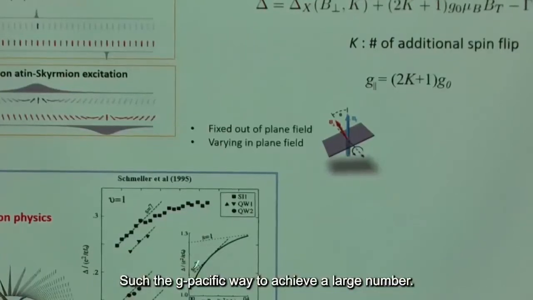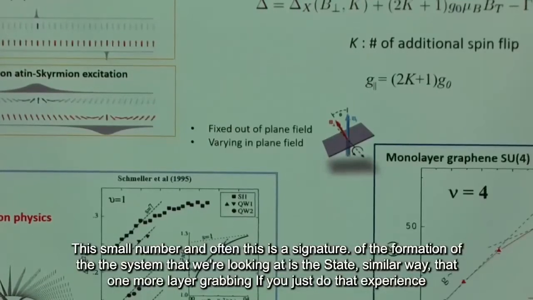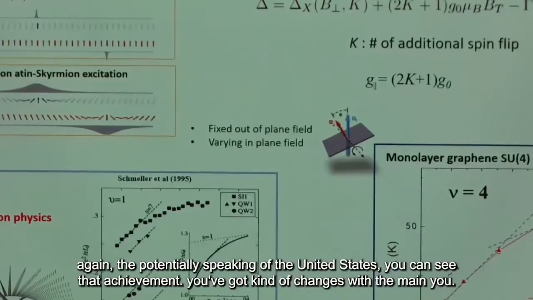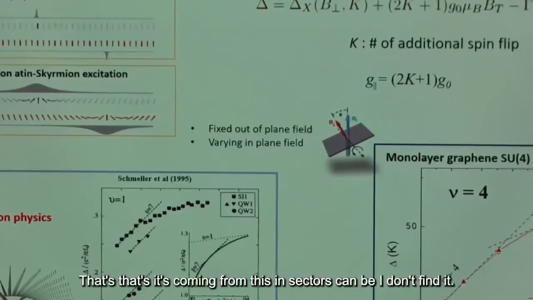And often this is the signature of the formation of Skyrmions in the system that we're looking at. Similarly in monolayer graphene, if you do the experiments on the potentially spin polarized states, you can see that the g factor changes with the in-plane magnetic field. Again, in a very similar way, you can create this type of Skyrmion structure there.